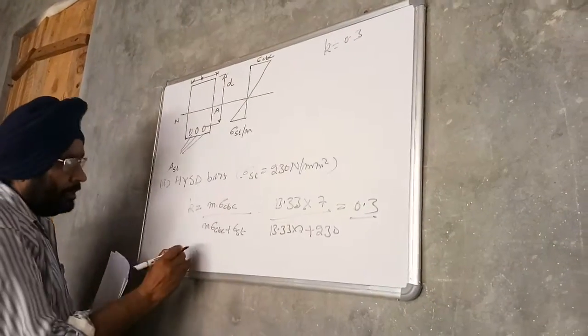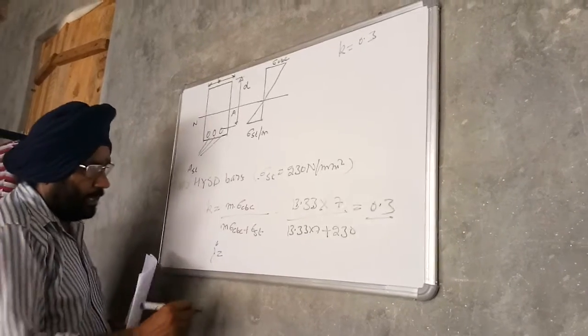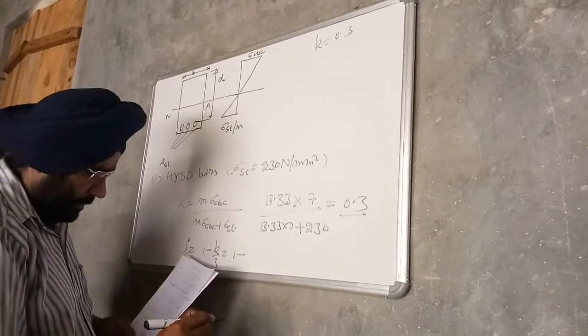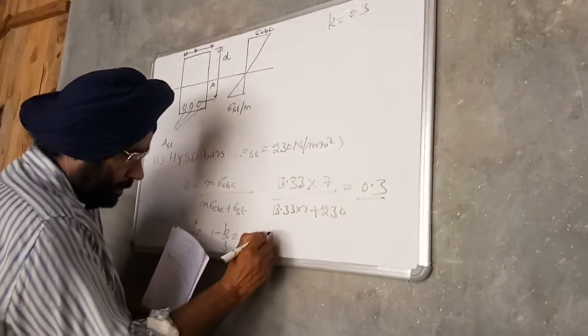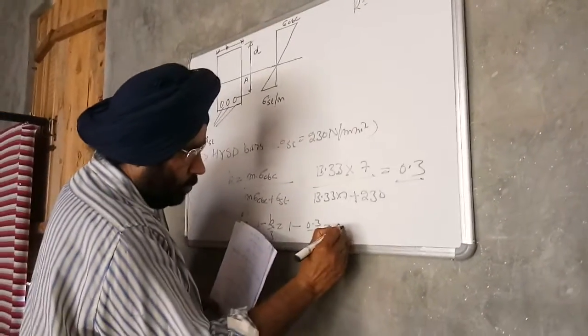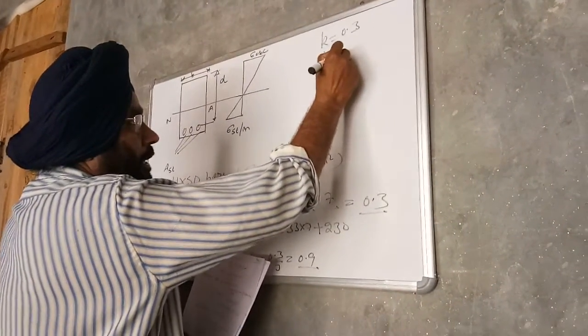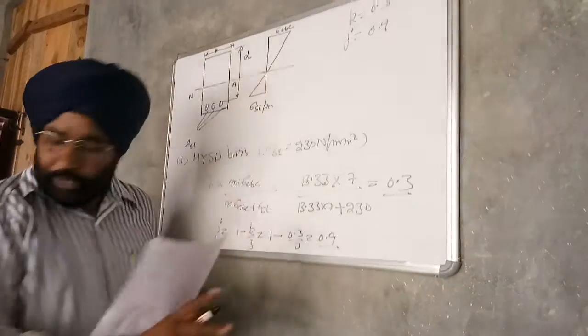Then J is the lever arm constant, its value is 1 minus K by 3, 1 minus 0.3 by 3, so this is equal to 0.9. So J, the lever arm constant, its value is 0.9.